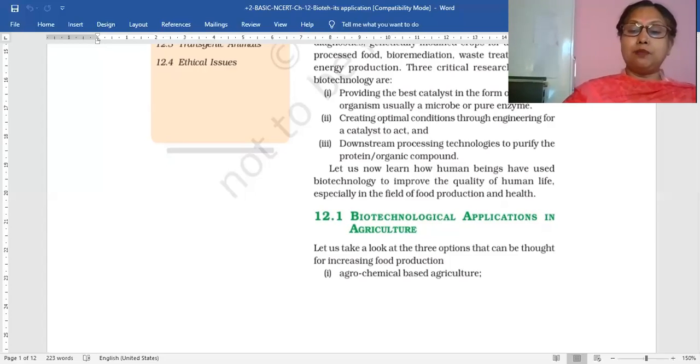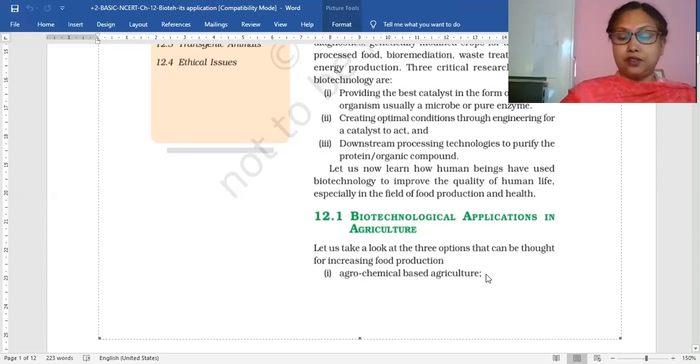Again, we will be starting from agriculture. As you know, lots of chemicals are being used as fertilizers these days, and chemicals have side effects. To avoid that, if we talk about agriculture, three options can be thought of for increasing food production.